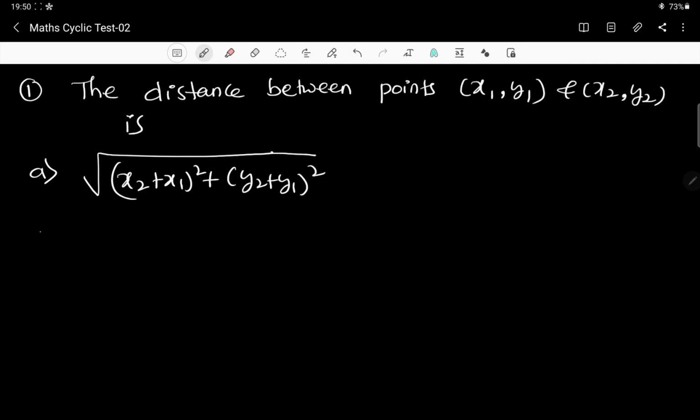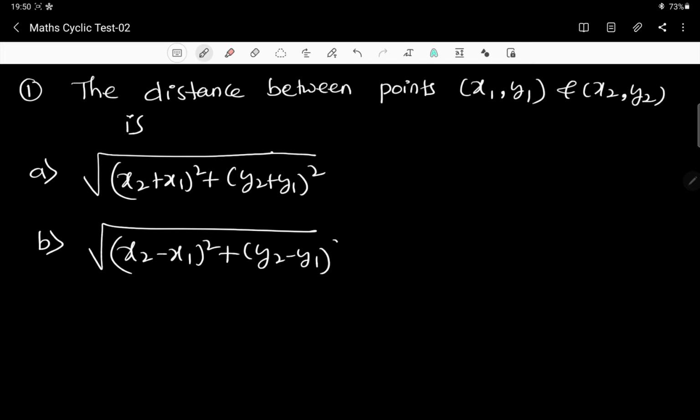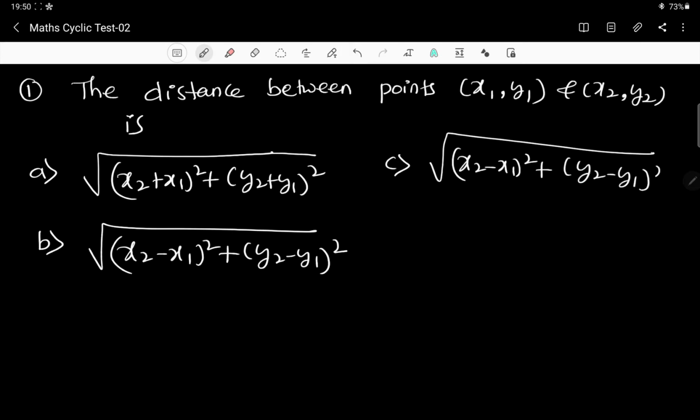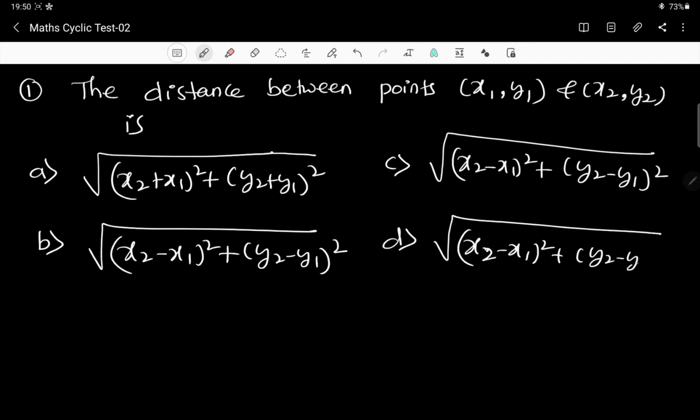Option B is under root x2 minus x1 whole square plus y2 minus y1 whole square. Option C is given as the same again, and option D is also under root x2 minus x1 whole square plus y2 minus y1 whole square.